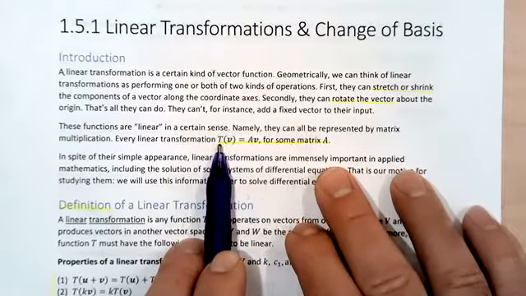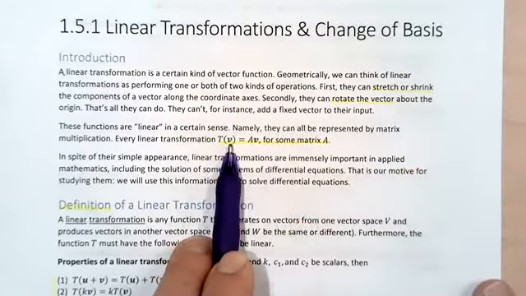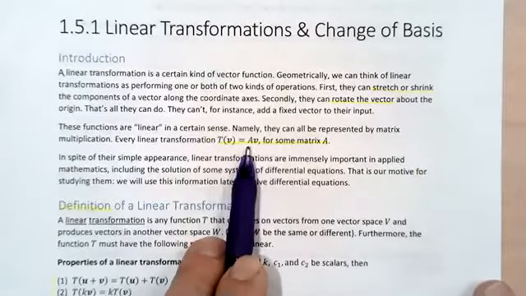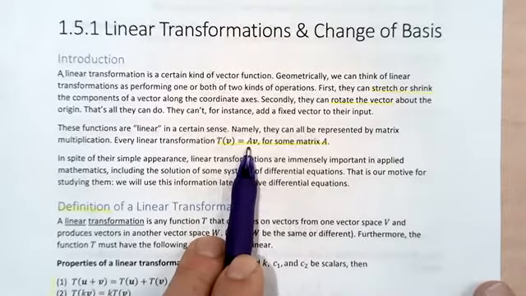T is a linear transformation. V is the input vector. And it turns out that for what we're going to define as a linear transformation, every single time without exception, you can construct that function by left multiplication by an appropriate matrix.